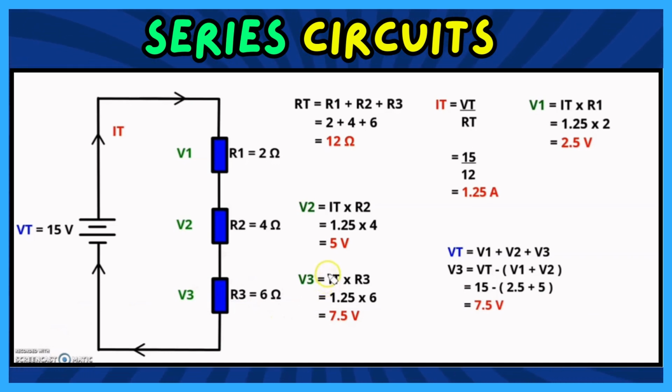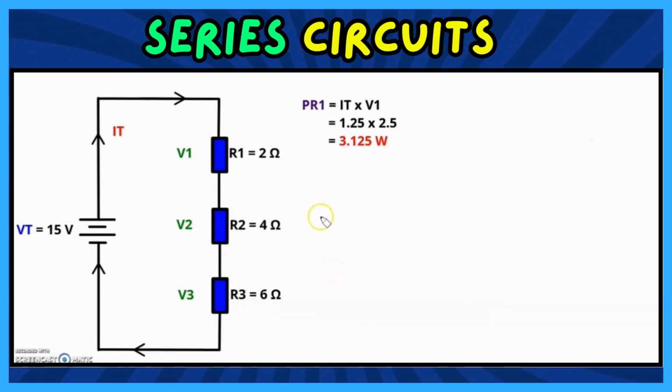Next, we will calculate the power absorbed in each of these resistors. For my first resistor, my formula will look like this: PR1 is equal to my I total multiplied by V1, which gives me a power of 3.125 watt.